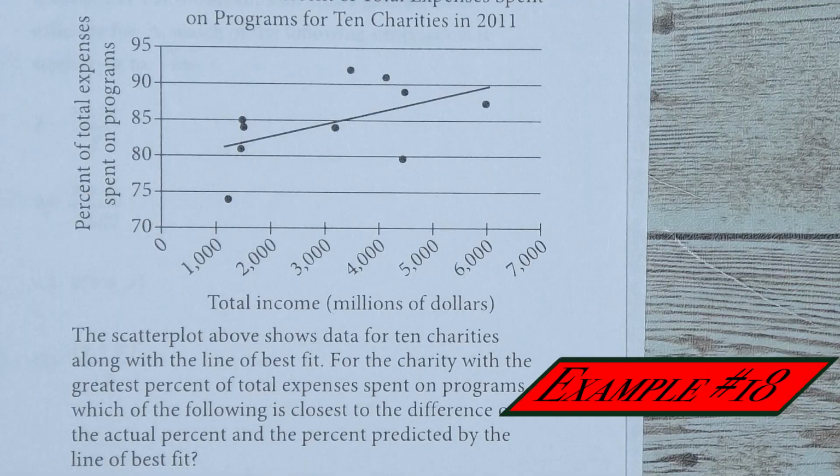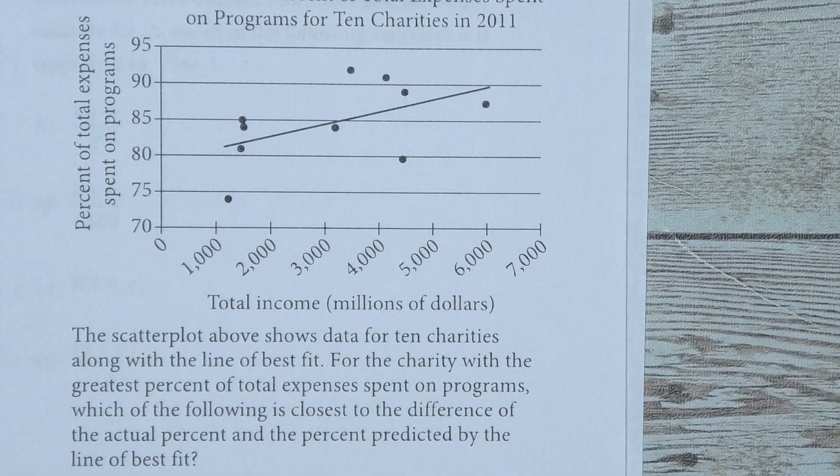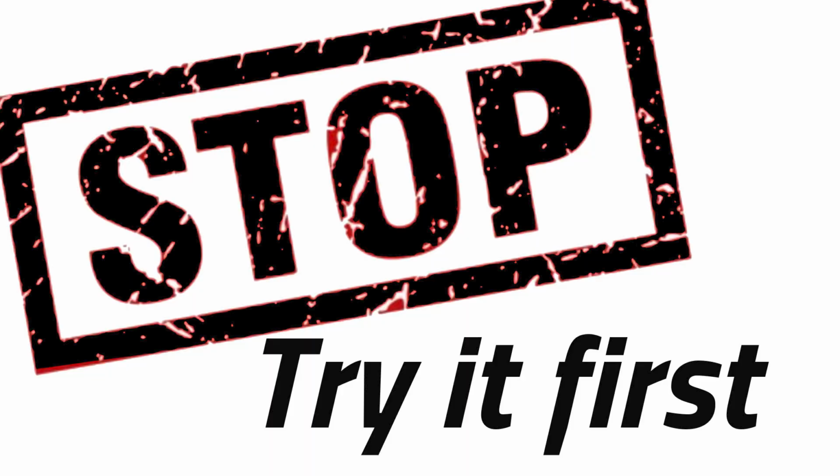The scatter plot above shows data for 10 charities along with the line of best fit. For the charity with the greatest percentage of total expenses spent on programs, which of the following is closest to the difference of the actual percent and the percent predicted by the line of best fit?